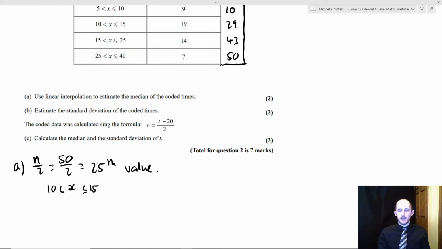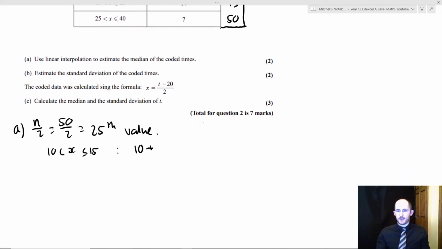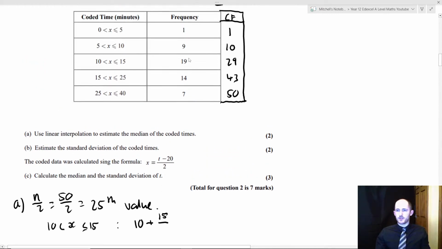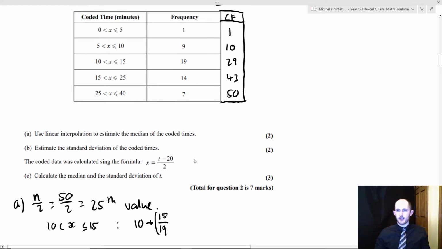So what we do, again, if you remember the formula, we take the lower class boundary, 10, we plus what's left. So we want to get to 25, and we only managed to get through 10. So 25 minus 10 gives me 15. And we divide it by the frequency inside that class, which is 19. So we're 15/19ths of the way inside of that class.